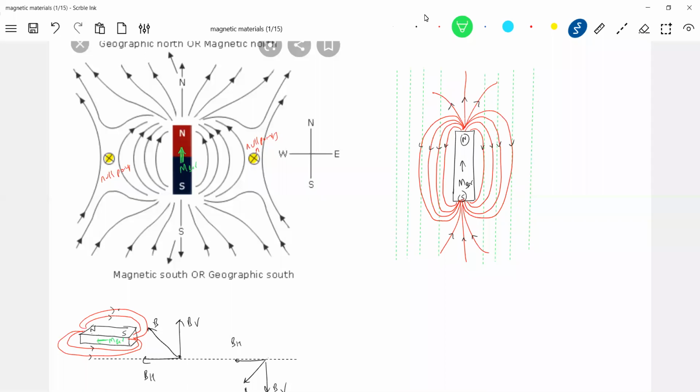The green color arrows are BH. The red colors are the lines of force.